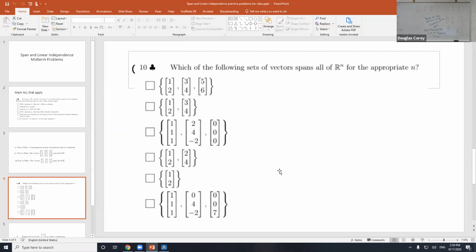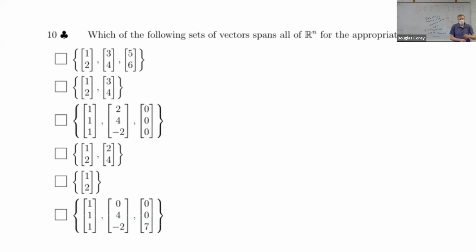Yeah, I think it's similar. It should be similar to this one. Did it ask about whether it has a unique solution or infinite solutions?